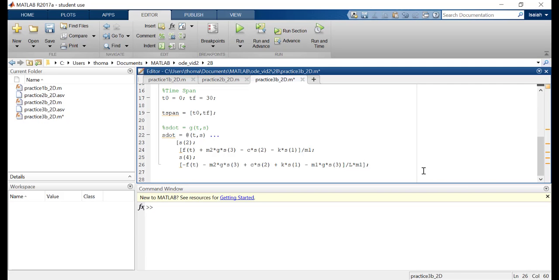But when MATLAB sees this, it sees this whole expression divided by L and then multiplied by M1, which is not what you want. This is equivalent to putting M1 in the numerator. You want it to divide this entire term by the product of L and M1. So just make sure you're using the parentheses correctly.